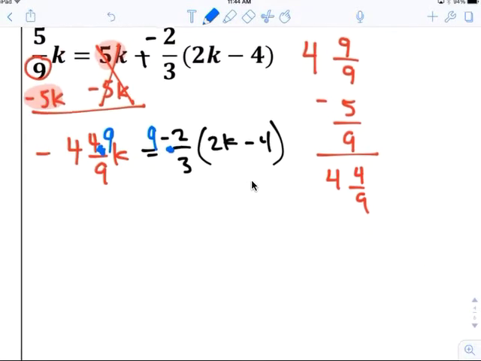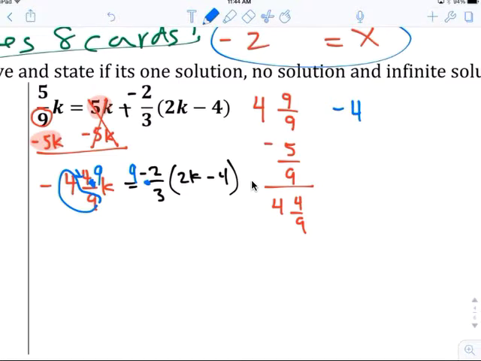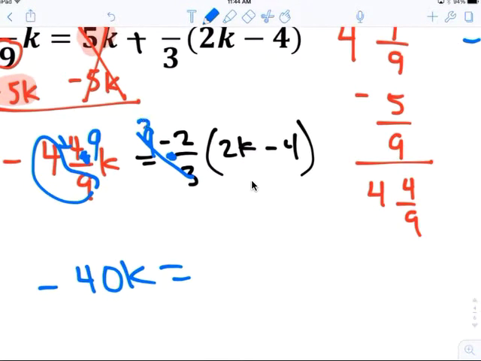You have to make this improper. 36 plus 4 is 40. So on the side here, I do negative 40 over 9 times 9. Cross cancel. That gives me negative 40. K equals cross cancel, gives me 3. That's negative 6, parentheses 2k minus 4.